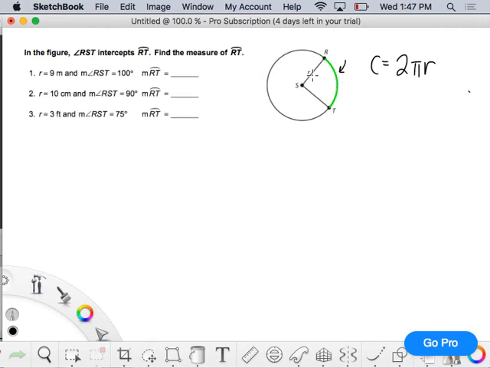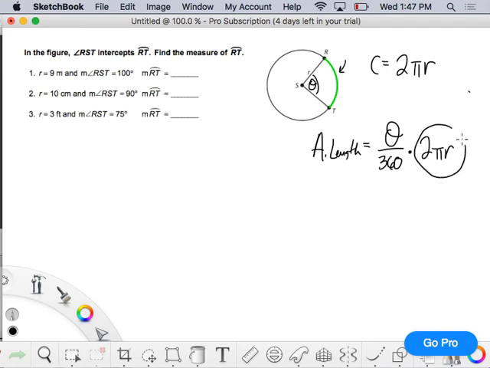It's a fraction of the entirety of the circle. Well, how many degrees are there in a circle? 360. So the arc length measured by some central angle theta is theta over 360 multiplied by 2 pi r.